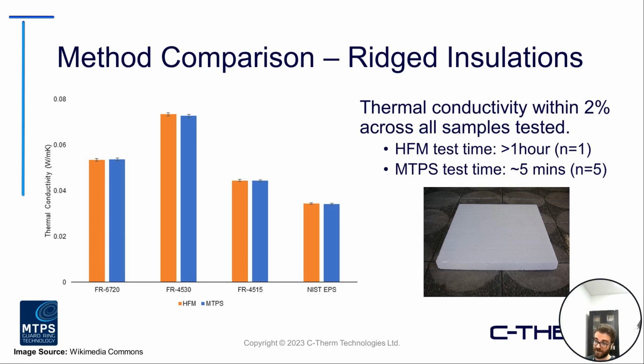The big difference to highlight, though, is that the heat flow meter test time to get one data point was over an hour, whereas with the MTPS test time of about 5 minutes, we got 5 measurements. When the measurement goes, there's a little bit of a cool down time associated with it, but you're getting multiple measurements in that given time period compared to a steady state counterpart.